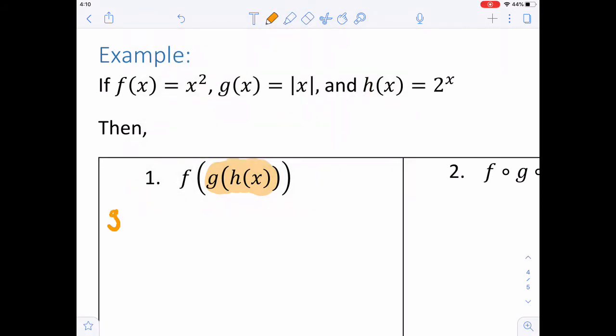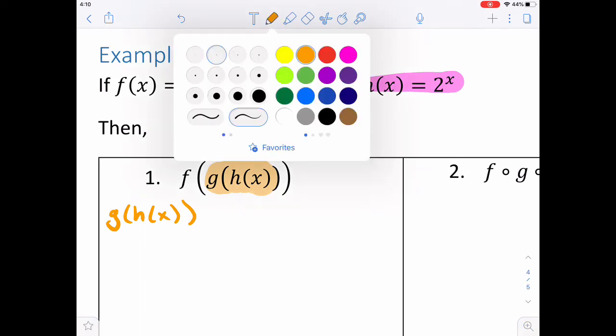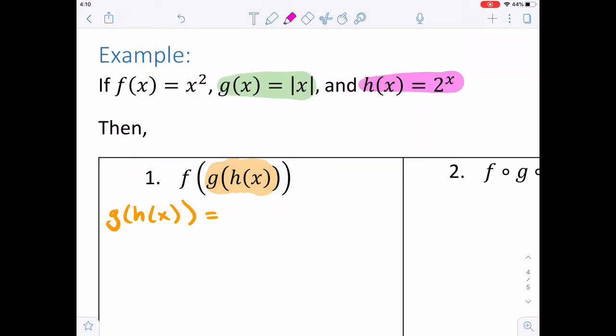So we need to find g of h of x. Well, the first thing to do is identify our functions. So g is the absolute value of x, and h is 2 to the x. So I'm plugging h into g. Another way I could write this is I could translate this. Let's do a different color.